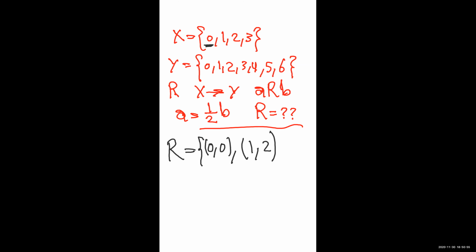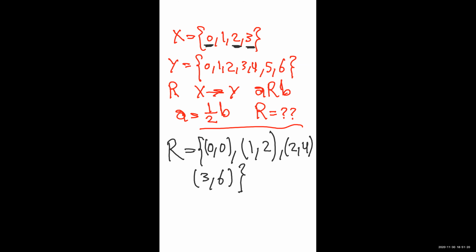A equals half b, so if a equals 1, then b will equal 2. Then element 2: 2 is half 4. Do we have 4 in Y? Yes, so (2, 4). Then the last one is 3: 3 is half 6, so (3, 6).